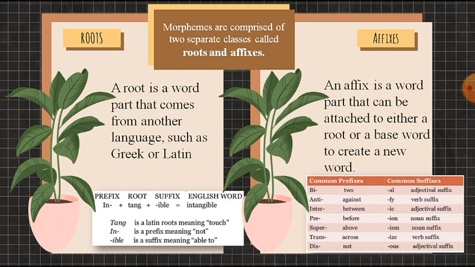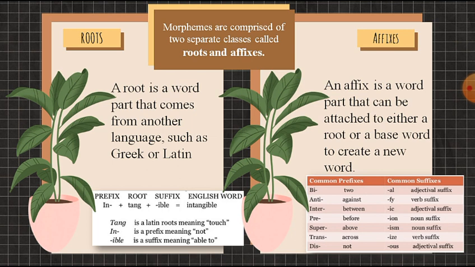So in the word intangible, there is the prefix in, the suffix able, and the root tang. The root is the basic word, the main word. Here I'm going to give you examples of prefixes and suffixes.